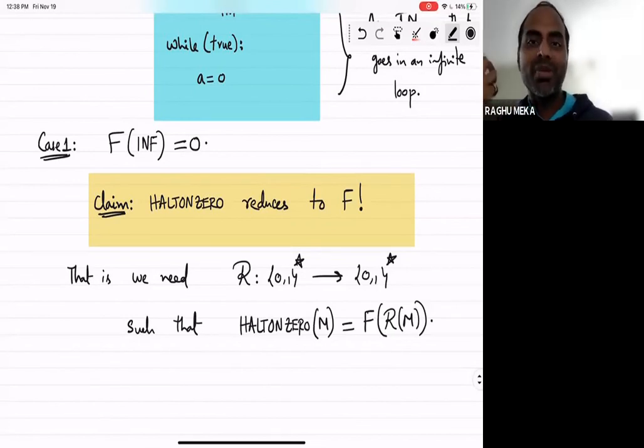We don't know much about f. I don't even know what f is, but I'm telling you, you can come up with this reduction.